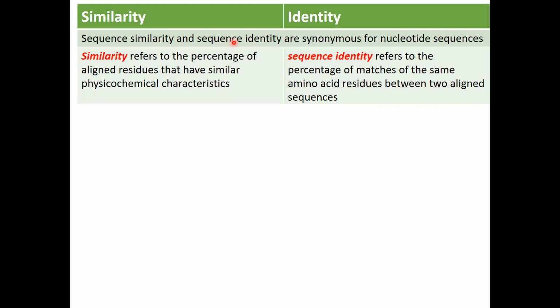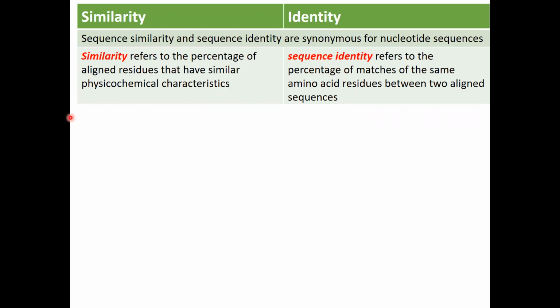But when we are studying protein sequences, there is a clear difference, because sequence similarity is based on physiochemical characteristics of the amino acids that are being aligned. On the other hand, in protein sequence identity, there is no concept of physiochemical properties.